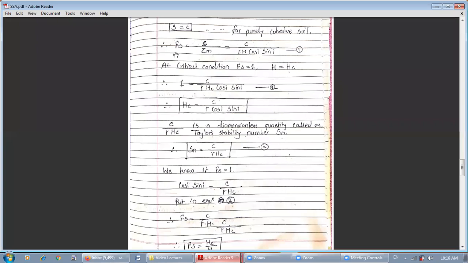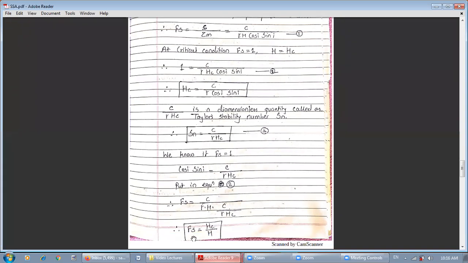So factor of safety Fs is equal to C divided by gamma into H into C divided by gamma into Hc. So in place of cos i sin i, we put the value C divided by gamma into Hc. Gamma will get cancelled, C will get cancelled.